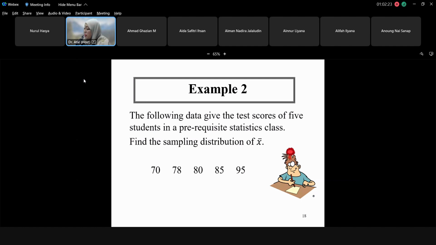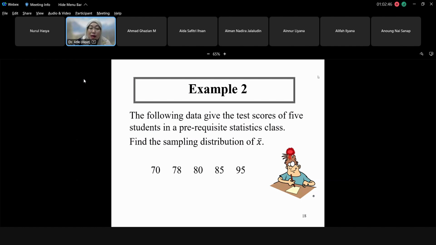All right, example number two is very important because your test will include this kind of question, right? The following data give the test scores of 5 students in a prerequisite statistics class. Find the sampling distribution of X bar.